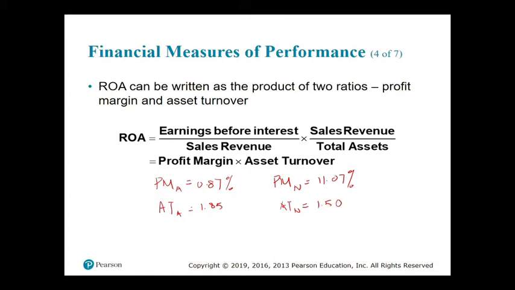Now, remember that previously we calculated the return on assets was higher for Nordstrom than for Amazon. And if we break them down more, it turns out even though Amazon had more asset turnover, it ended up having less return on asset because the profit margin was much lower.